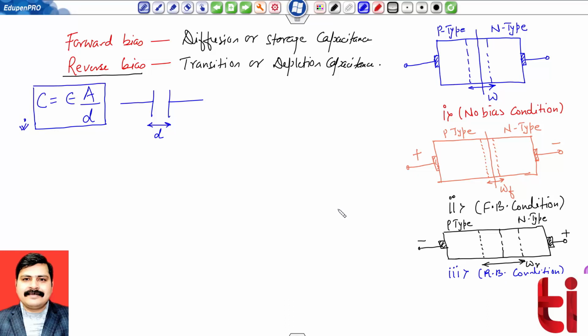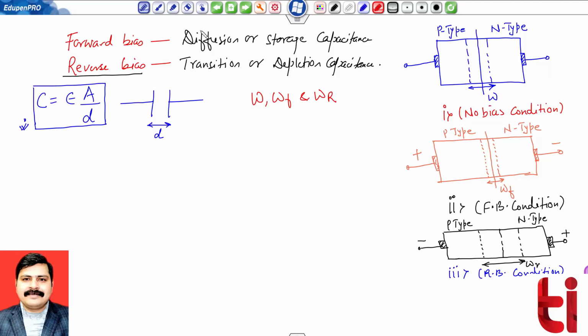If you can refer, on the right hand side I have drawn three schematics. First represents the no bias condition, second is the forward bias condition, and the third is the reverse bias condition. I have marked three terms, for better understanding I am rewriting them: omega, omega f, and omega r.